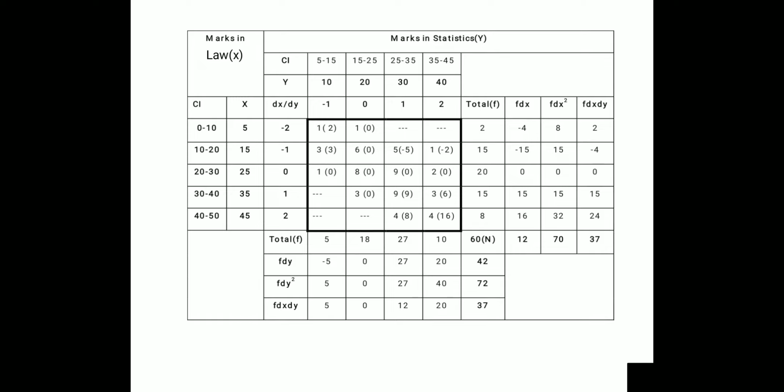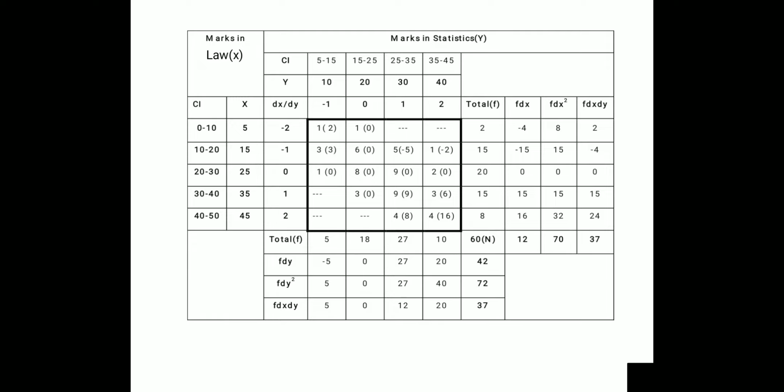Now we should denote all those calculated values inside brackets. We can call these the cornered values. All these cornered values have to be totaled horizontally to get the values for x and vertically to get the values for y. Once f dx dy of each column and row is entered, we should total all the f dx dy values horizontally and also vertically. At the end of the table, we can observe that f dx dy calculated horizontally and f dx dy calculated vertically will always be the same value.